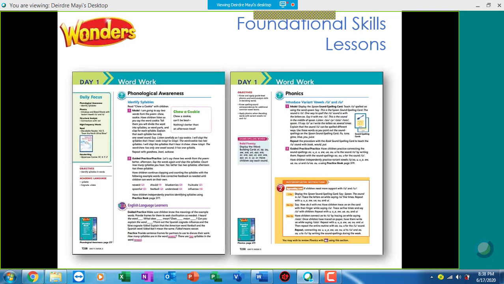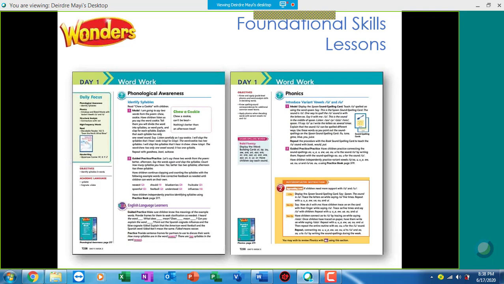So as I look at this lesson from Unit 5, Week 3, the students are going to hear a poem called Chew a Cookie. The reason that they're going to listen to this poem is so that they can identify syllables.